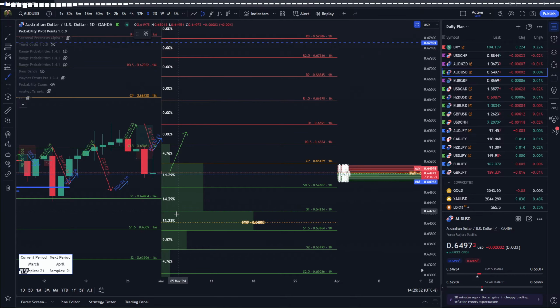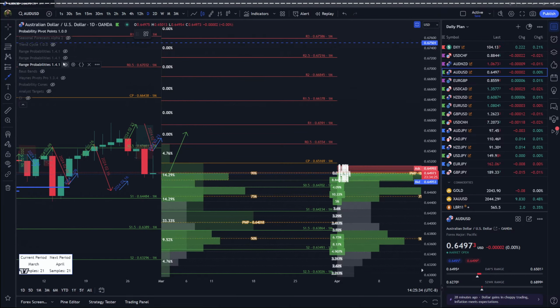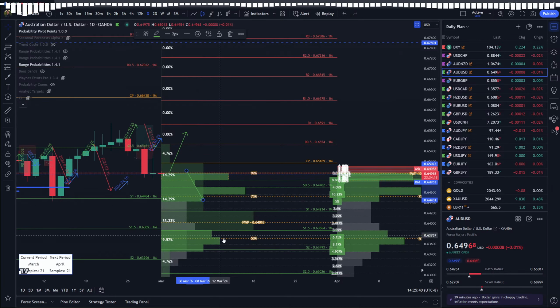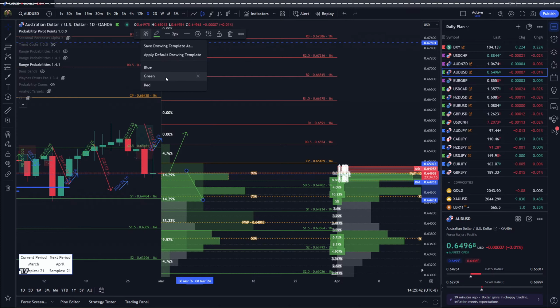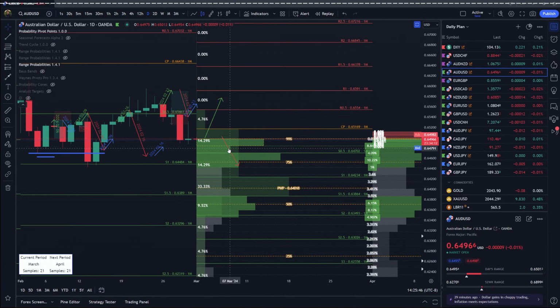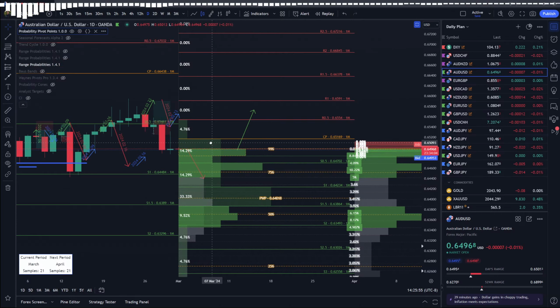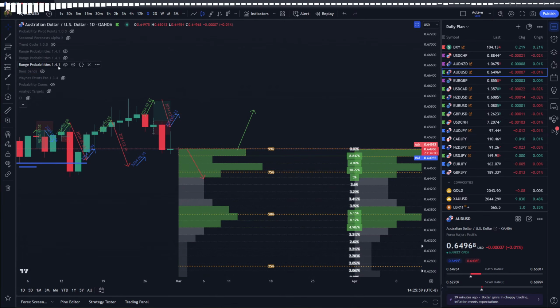Wow, a lot of lows around there. Seems like either the low comes in something along these lines here. All right. And then heading higher from there.